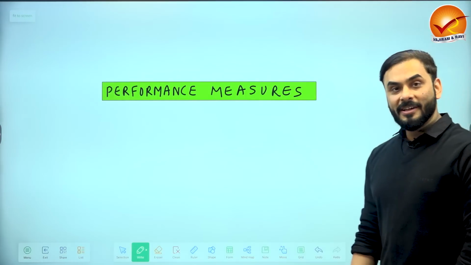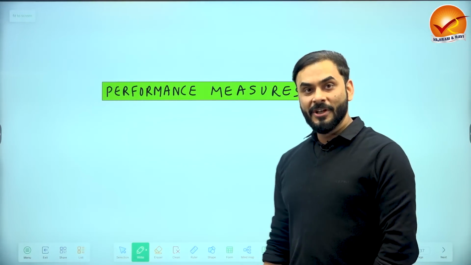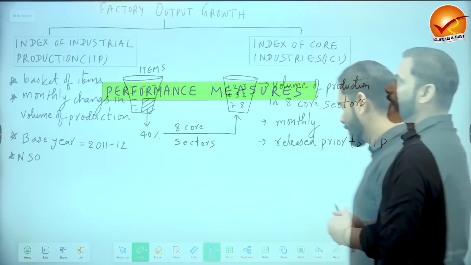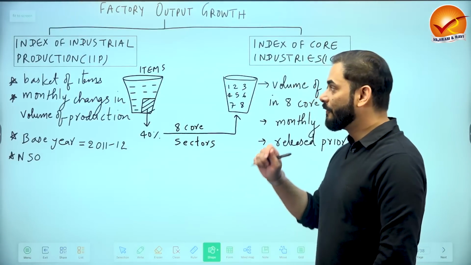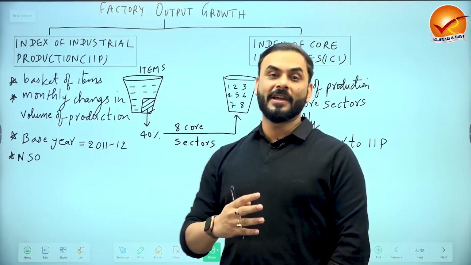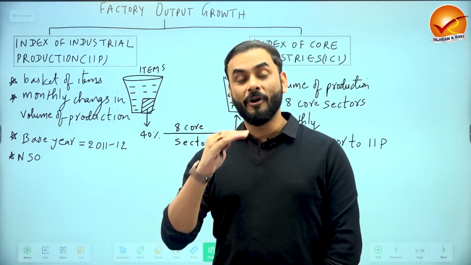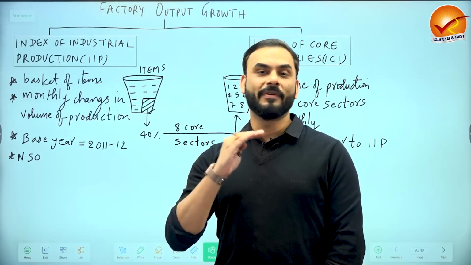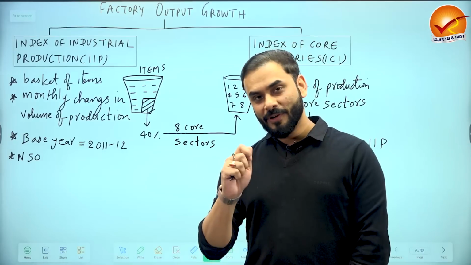Now we are going to look at some of the performance measures of industries. So guys, see, we are going to study two very crucial concepts which will help us to understand whether the industrial performance was good or not up to our expectations. See, I'll tell you one of the very basic things.